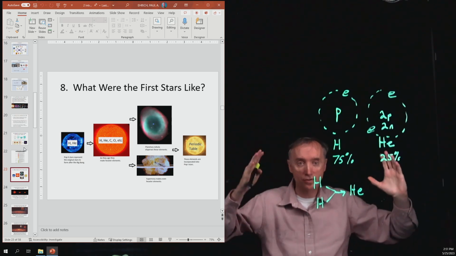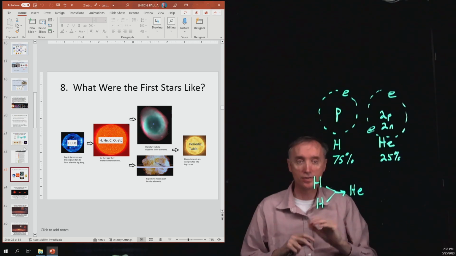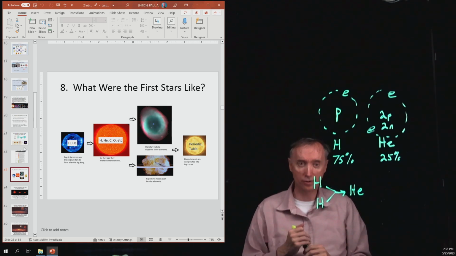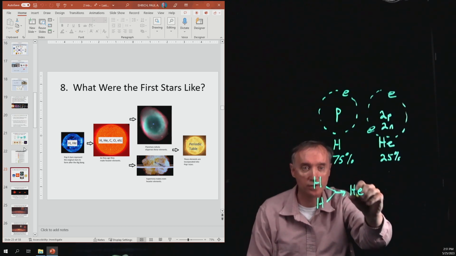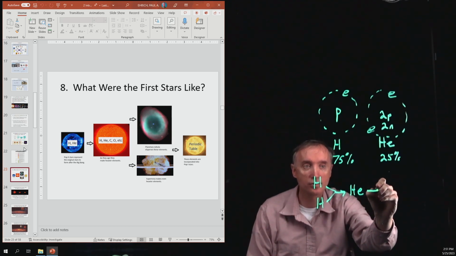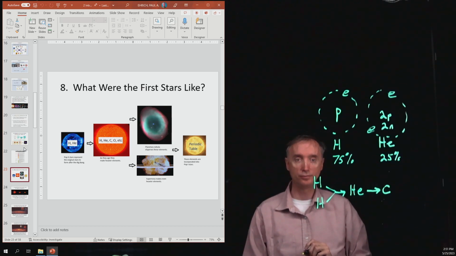So gravity is going to start to squeeze the core of our sun, and the temperature is going to start to go up. If the temperature can get to 100 million Kelvin, then helium atoms can be smashed together and they start to turn into the element carbon in the periodic table.